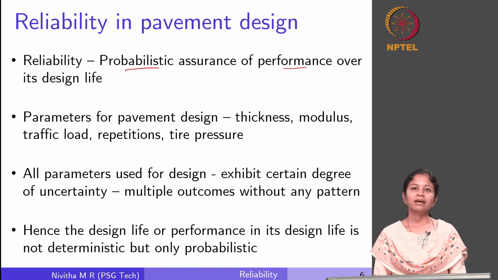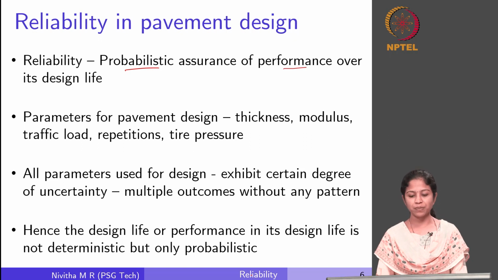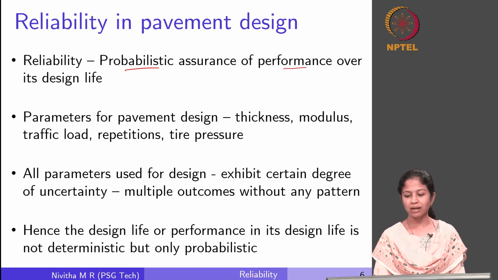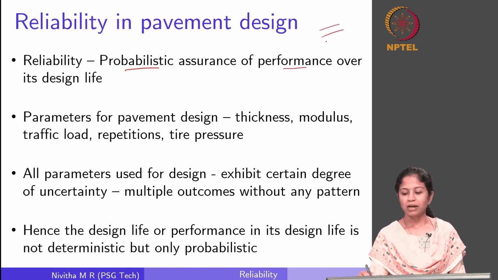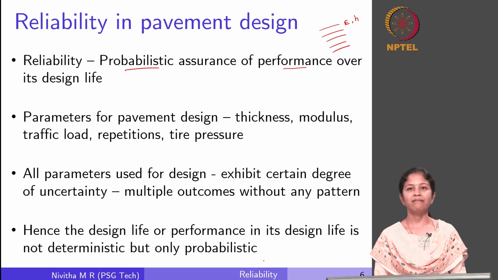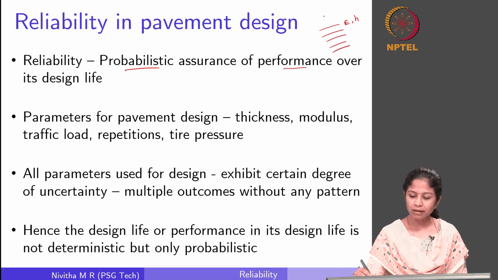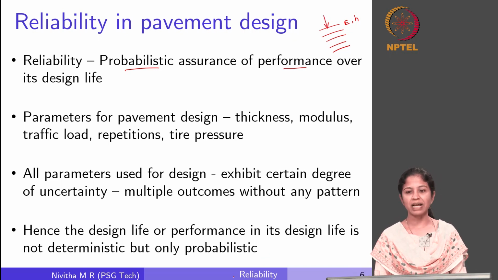Now, let us say there are a number of parameters which we use for pavement design. So, let us typically consider our IRC 37 design procedure. Again, we have different layers, right. So, for each layer we specify a modulus value, we have a thickness value, and then we have a traffic load which is acting on it.